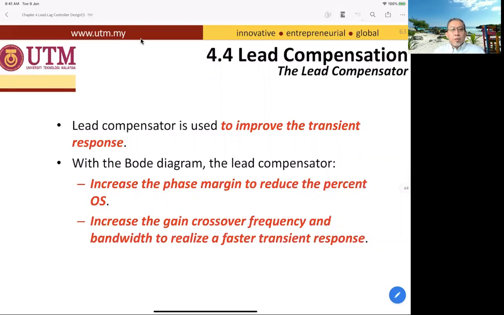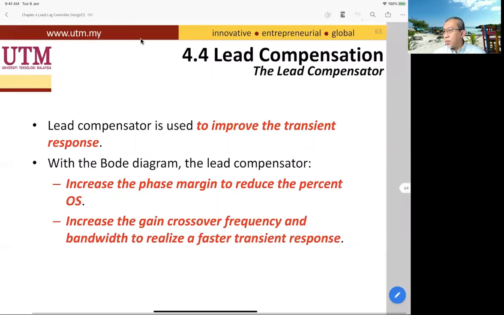The lag compensator is used to improve the steady state error, and the lead compensator is used to improve the transient response. So its function is similar to the PD control.